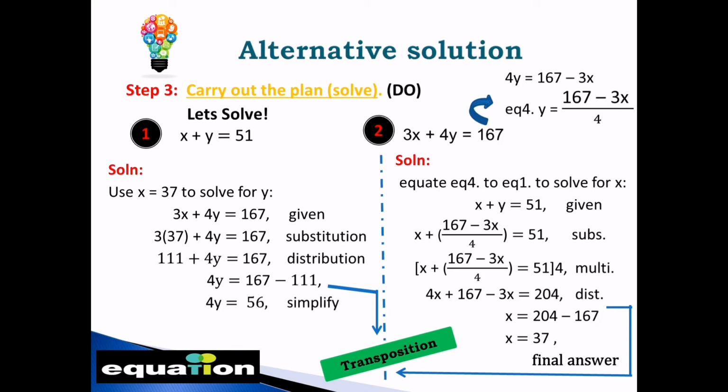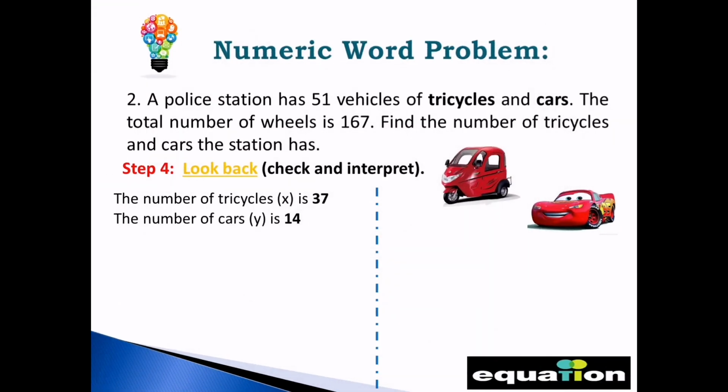Of course, when we divide both sides of the equation by 4, you will have 14. So that is how you get the final answer using this alternative solution. Therefore, the number of tricycles is 37, the number of cars is 14.